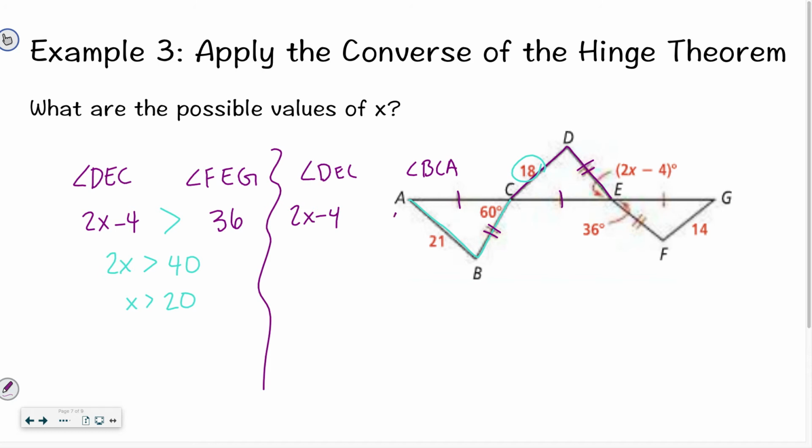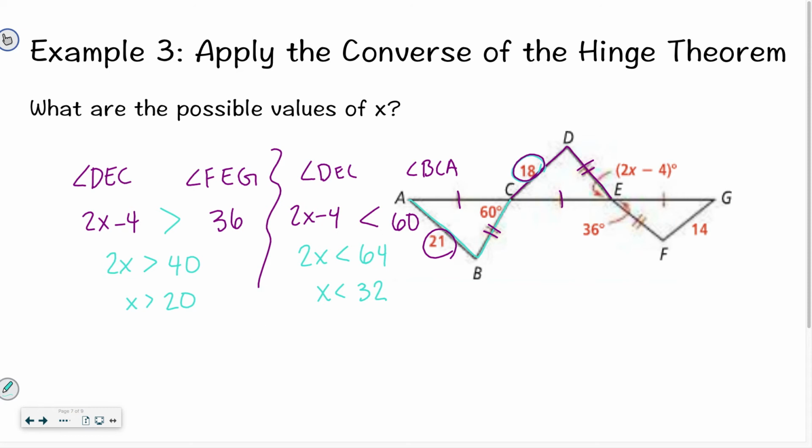And BCA is 60. Now that 60 degrees is opposite 21. Since 21 is bigger than my side length 18, I know that 60 degrees has to be larger. And if I solve, I have 2x is less than 64, or x is less than 32.